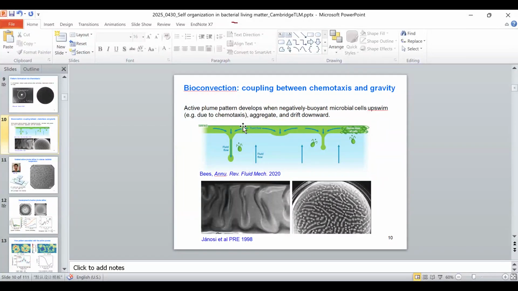They put different types of bacteria together and looked at how they are arranged, and they found that bacteria with different properties tend to accumulate in different regions created by the bioconvection pattern, and that has a real ecological relevance. I'm sure it has potentially a lot of relevance in nature, and I would love to understand that a bit better from our perspective. That's what we are trying to do.